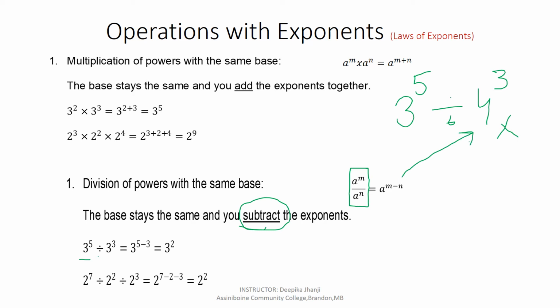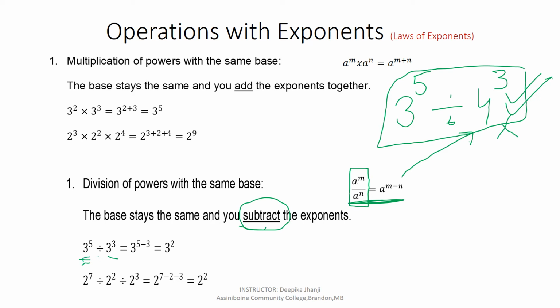There is a solution to this question, but you'll use a different technique for this. This law is applicable only if you have the same bases. We'll talk about the solution of this question later on.